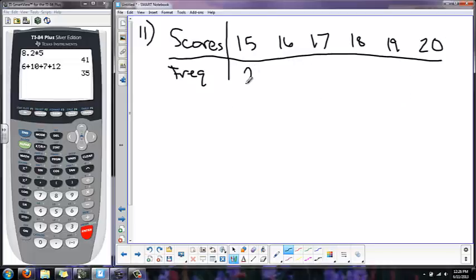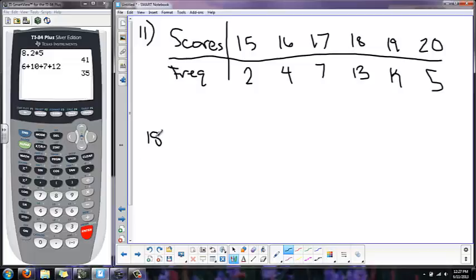Apparently 2 people got a score of 15, 2 people got a score of 16, 7 people scored a 17, 13 people scored an 18, K people scored a 19, and that's what we're going to have to solve for, and then 5 people scored a 20. It goes on to tell us that the average or the mean score of all of these is 18.